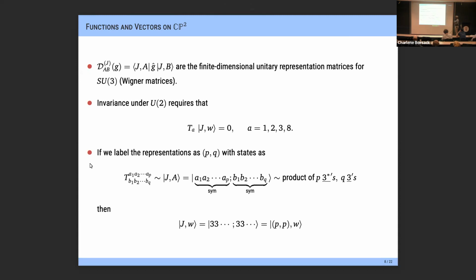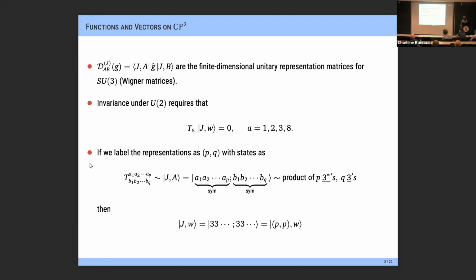Now, if we label the SU3 representations in the conventional way, as obtained by a product of a number of fundamentals and anti-fundamentals in the tensor notation that we are familiar with, and call them (P, Q), namely P upper indices, Q lower indices, then this particular state I'm talking about has all the values assigned to these labels equal to 3, so they are SU2 invariant. There is an equal number of P's and Q's, so it's a (P, P) type representation. That's what we need to construct the functions.